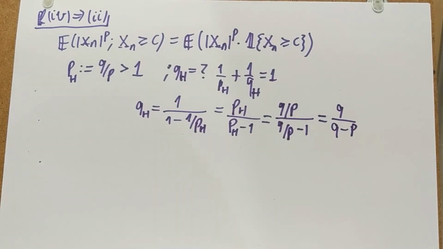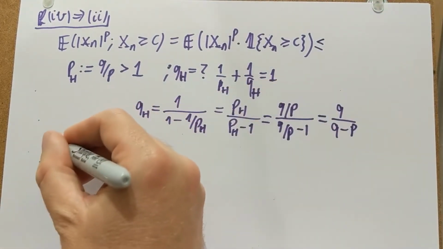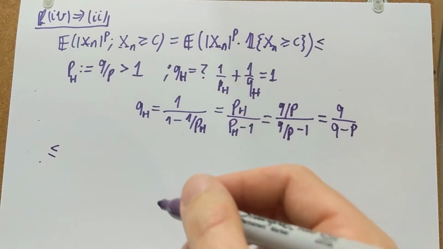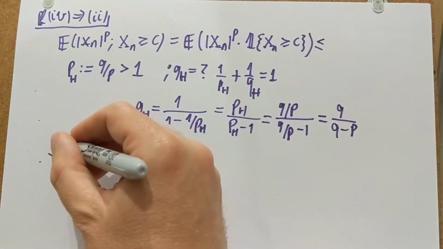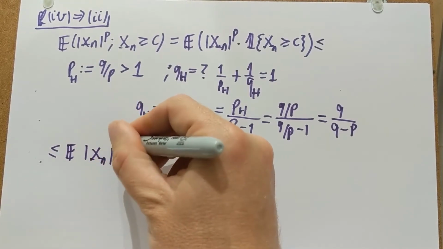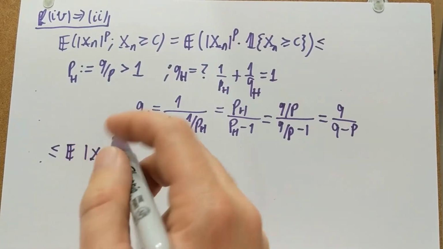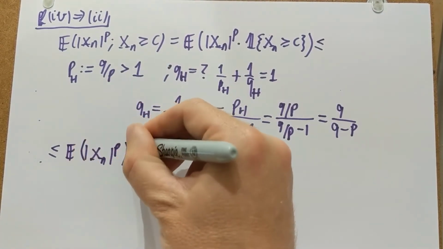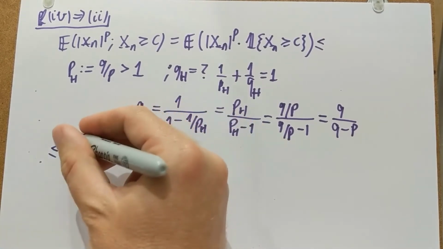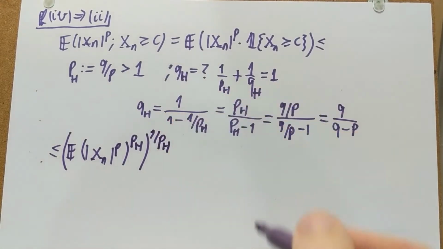Okay. Now let's then actually apply Hölder's inequality. So this thing here is less than or equal to, so what is Hölder? Hölder tells me that I need to take the expectation of my original random variable, the first one, which was Xn to the P. I'm going to take that to the P Hölder power. This is still all under the expectation, and then outside the expectation I'm taking 1 over P Hölder.